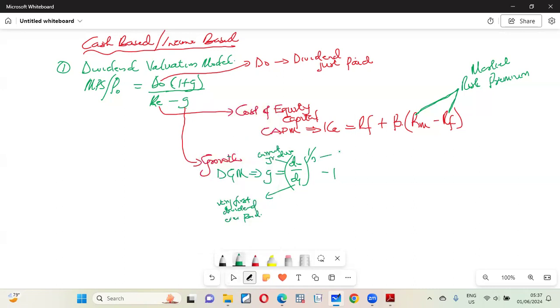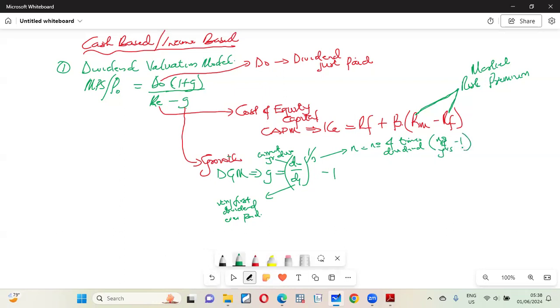But what is n? n is the number of times the dividend is growing, which in simple terms is the number of years minus 1.